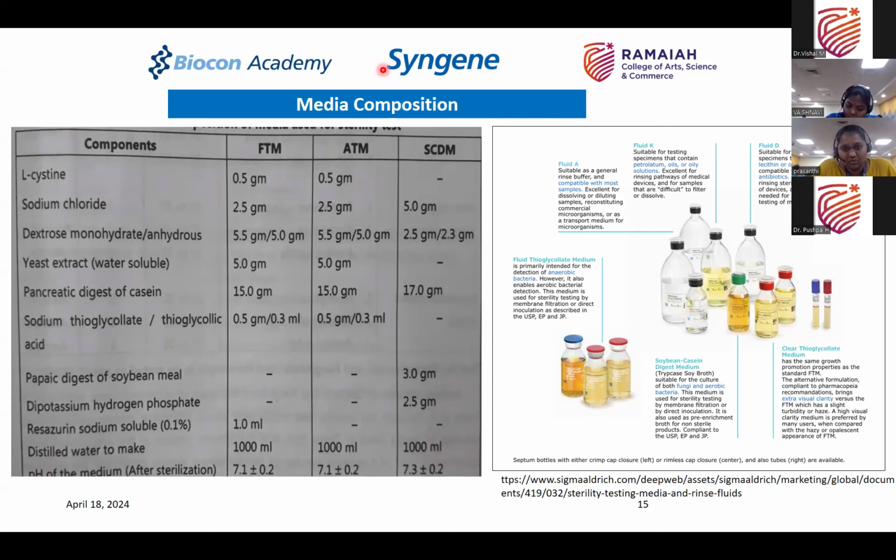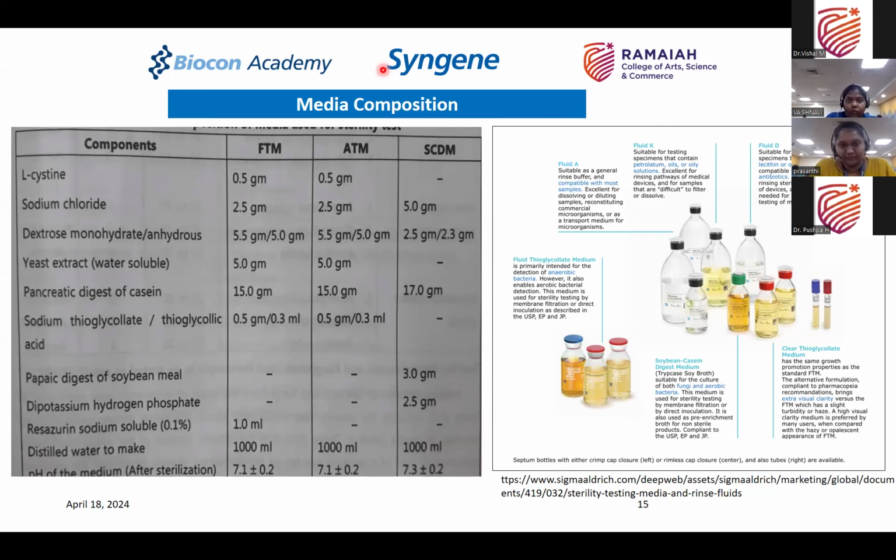The main purpose of adding yeast extract, pancreatic digest, dextrose and cysteine is usually as a carbohydrate and nutrient source. You have sodium thioglycolate, which is important.